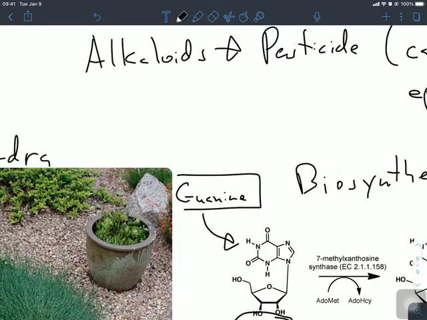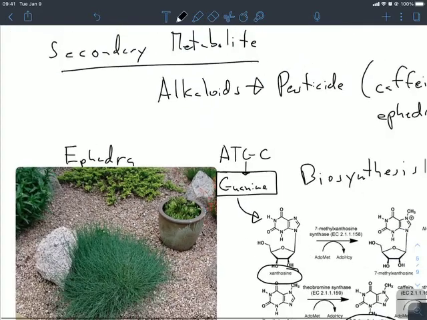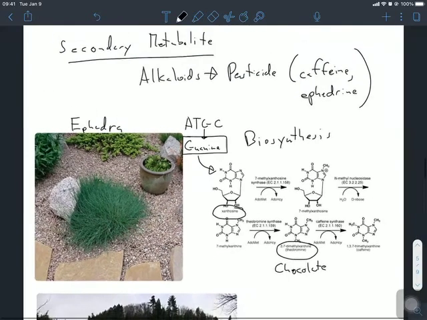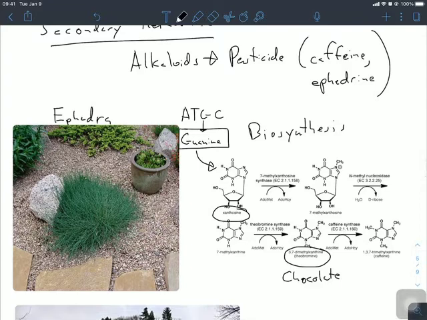This is one of your nucleic acids. In your DNA, you have A, T, G, and C. This is G. So caffeine is related to or synthesized from guanine. Kind of crazy to see where this is coming from.